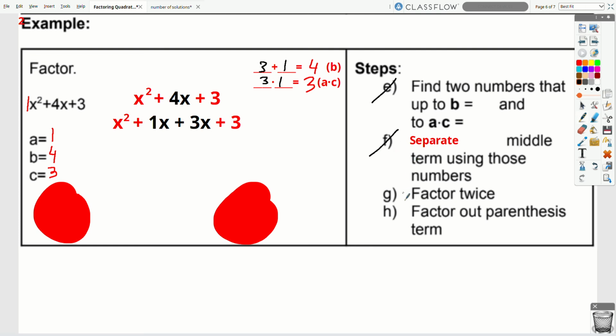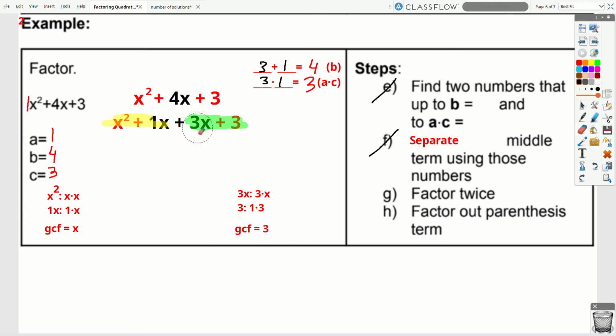Now, from here, we want to factor twice. We factor the first half, then the second half. We find the GCF of x squared and 1x, and the GCF of 3x and 3. The GCF of the first one is x, and what's left over is x plus 1.